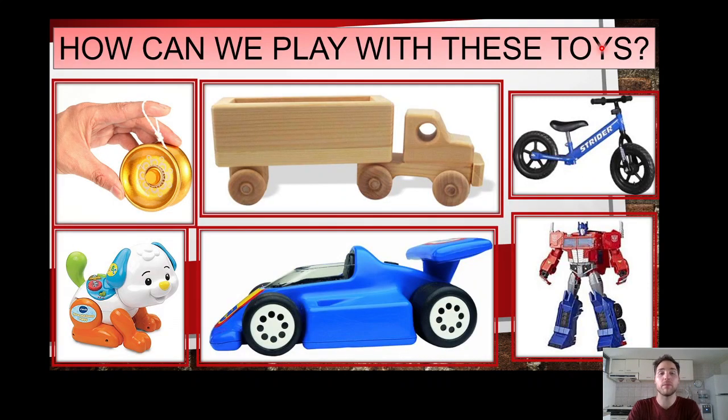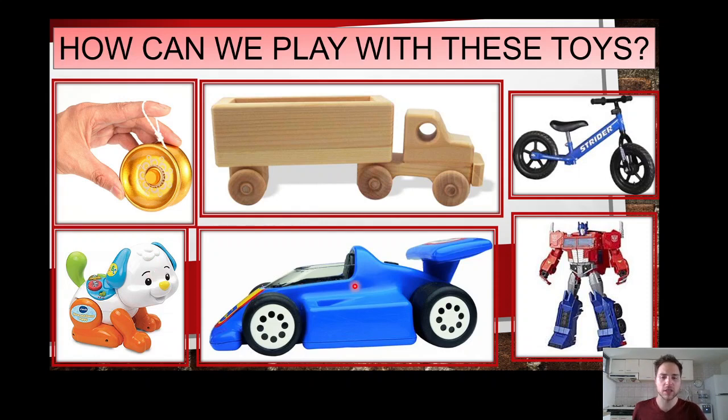And we said that we can play with each one of these in different ways. So like a yo-yo, we play with it by spinning it, right? Or like the truck, you can play with this one by pushing it. A bicycle, we ride a bicycle. Or like a robot, you can push the buttons to make it do things.